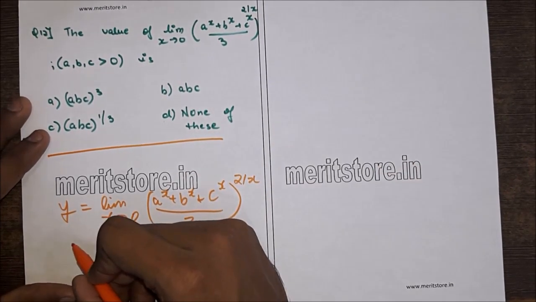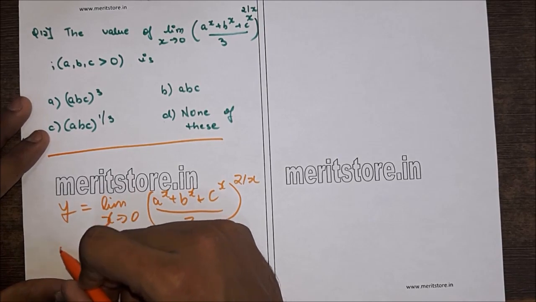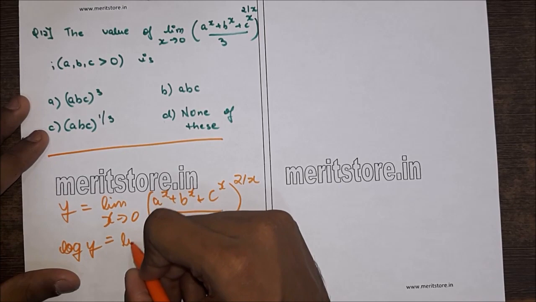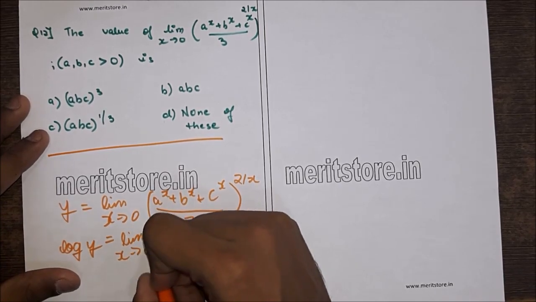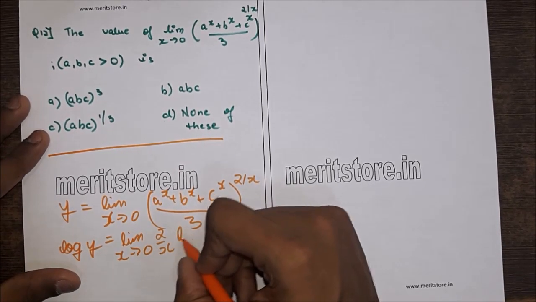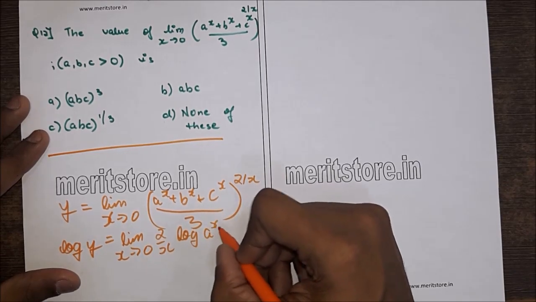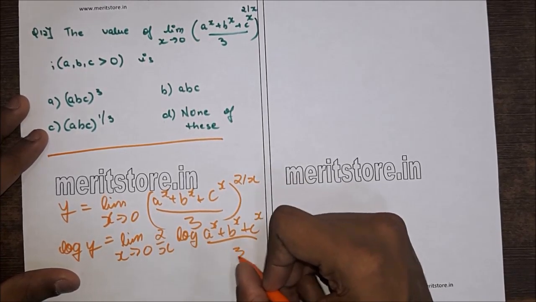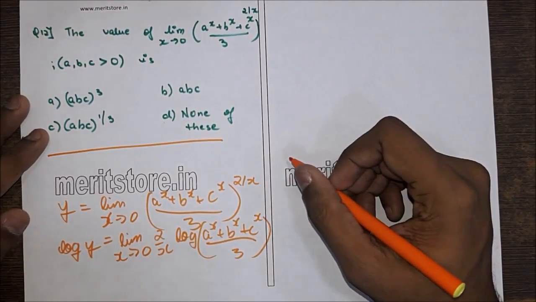So therefore we could apply log on both the sides, giving us log y is equal to limit of x tends to 0, 2 by x log of a raised to x plus b raised to x plus c raised to x by 3.